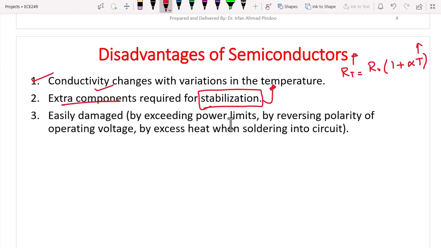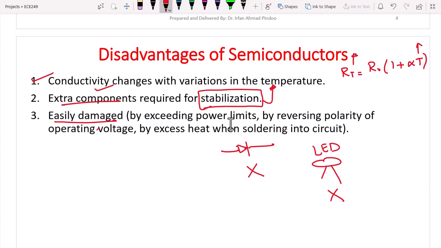And the third point is semiconductors are easily damaged. Suppose you have a diode and you are giving excessive voltage, or we have an LED and for that LED you are giving excessive voltage. What will be the result? The result will be that due to the excessive heat, these devices will get burned out, so they will not be usable.